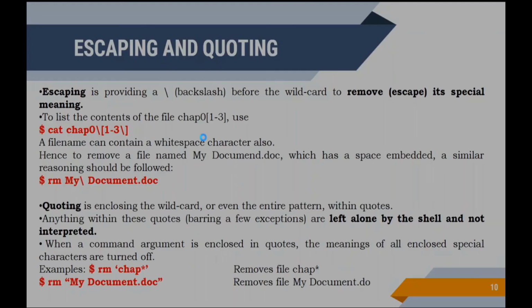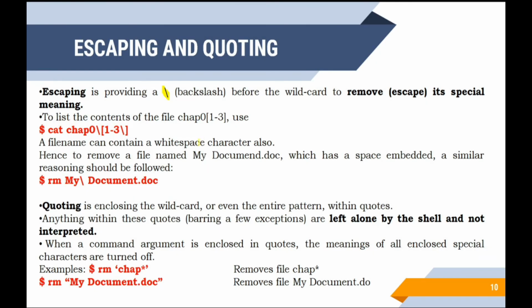But we know that while giving names for files in the Unix operating system, even special characters are allowed. So to remove the special meaning of such characters, I am going to use the backslash. We say that we are escaping the characters there.